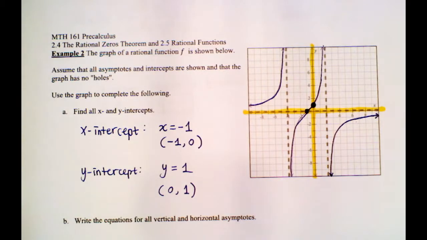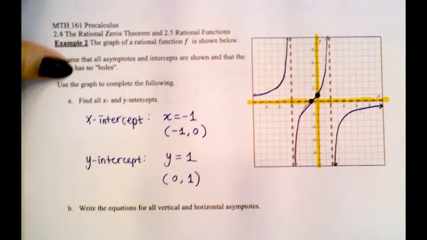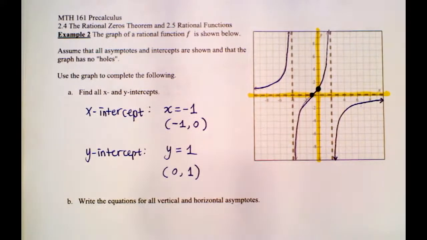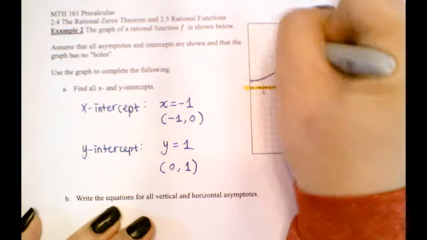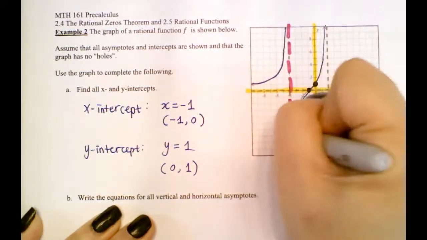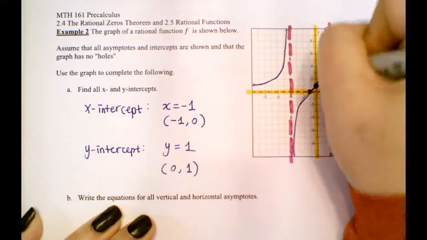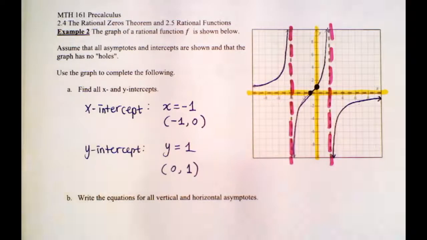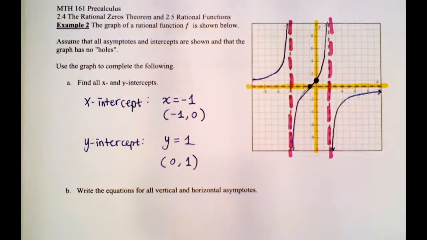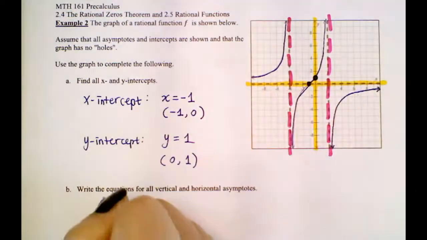All right, but the new part, the vertical and horizontal asymptotes. Now, in the second video, we kind of already found them. You can see the vertical asymptote is this dotted vertical line. We have one right there, and we have another one right there. So we have two vertical asymptotes. Let's write the equation for these two pink dotted lines.